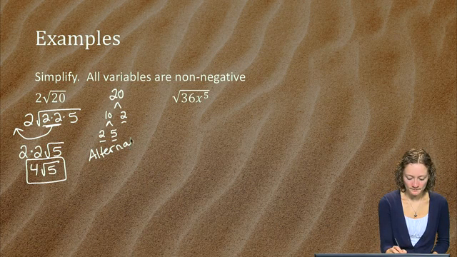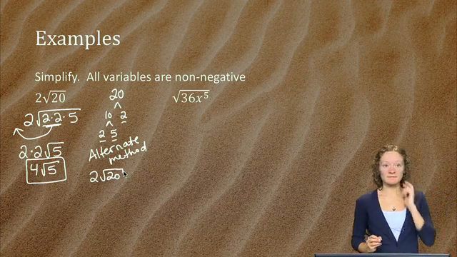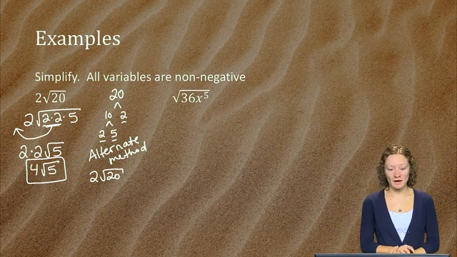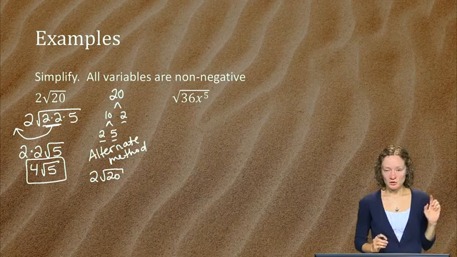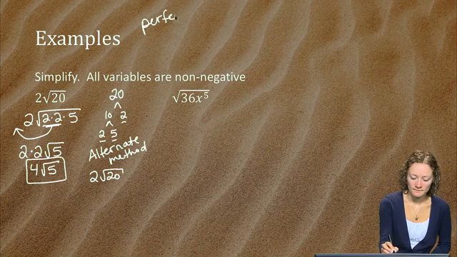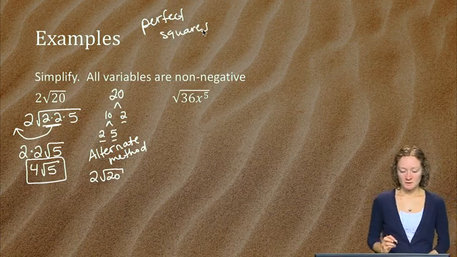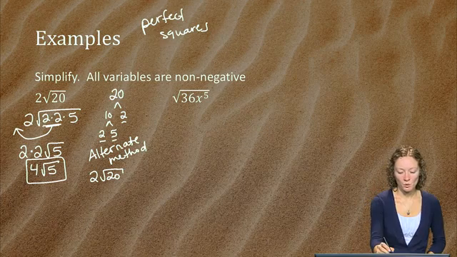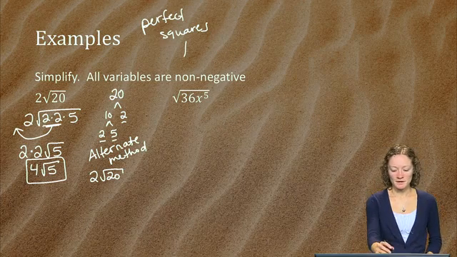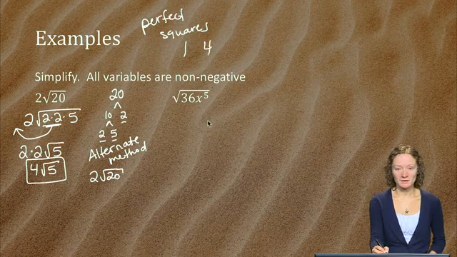Okay, so the alternate method for this one, starting with 2 root 20, would have you look at 20 and see if there were any perfect squares inside that number. So you can go through the list of perfect squares. Now the first one in the list really is 1, but it's not very helpful. The next perfect square from 2 squared would be 4.